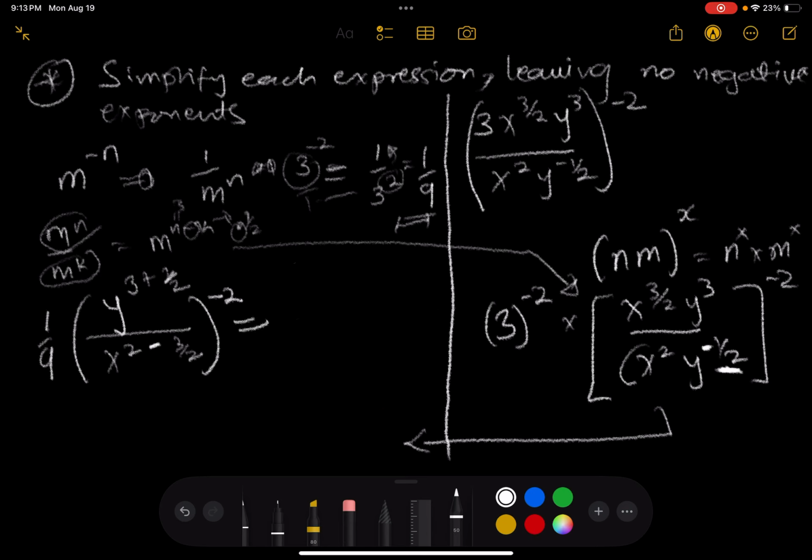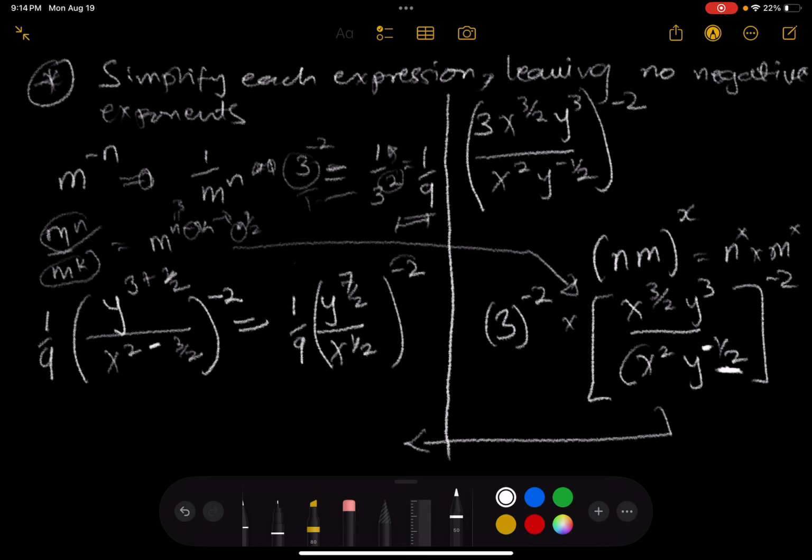And what is 3 plus a half? It is essentially saying 3.5, which gives you y to the 7 over 2 divided by x squared minus 3 over 2, which is the same thing as saying 2 minus 1.5, which is going to give you x to the power of 1/2. Again, to the minus 2, and this is going to be 1 over 9. Now, when you move this, if you want to make this positive again, the rule is the same.